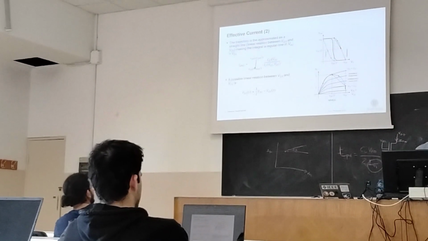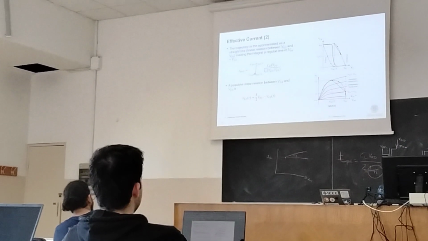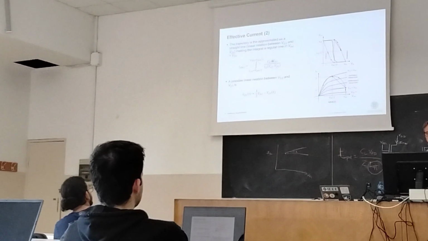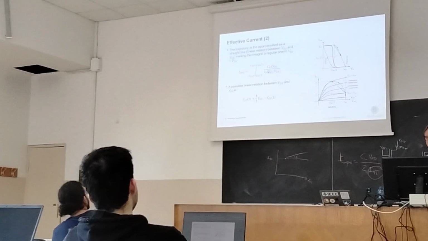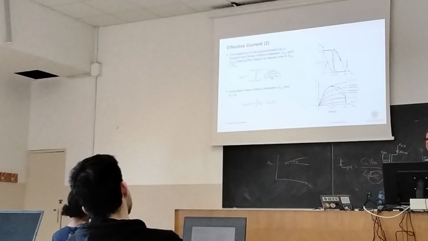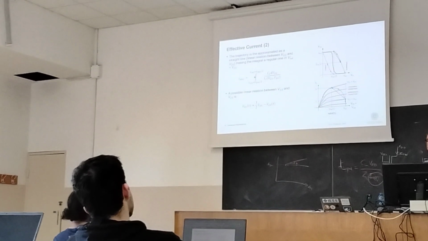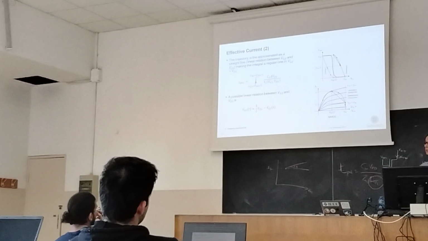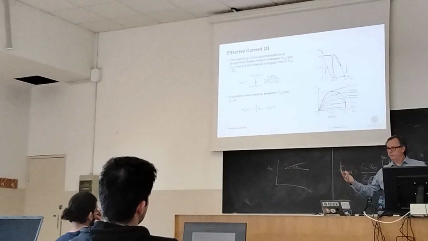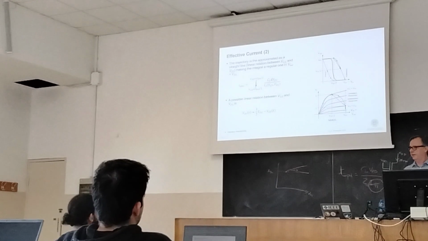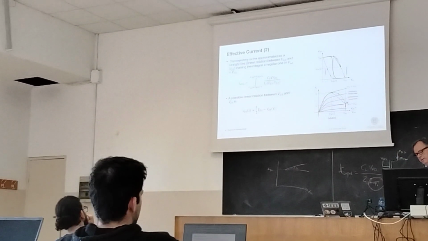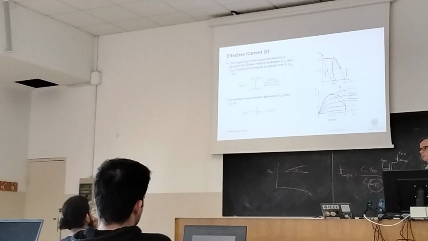That's how you define the integral. The problem is that the integral has this dependency of VDS and VGS inside the equation, so this is actually not a one-dimensional integral. It will be a path integral along this curve, hard to solve.